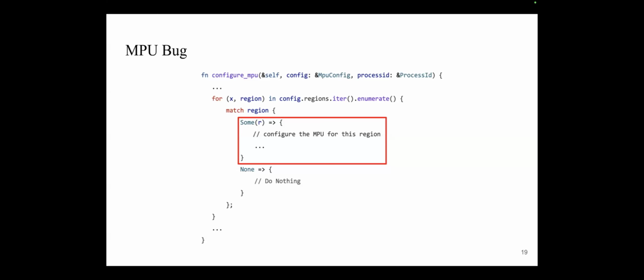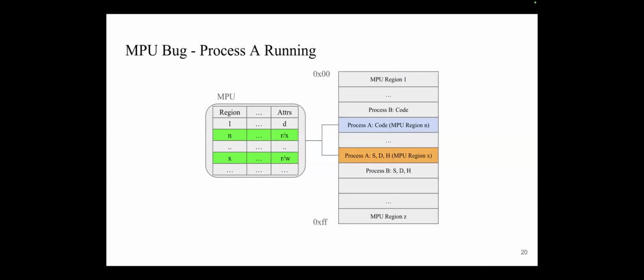Before I talk about what the bug is, I want to go through what the ideal scenario is. What is the actual behavior that we want from this function? Imagine I'm running some process, let's call it process A. I'd like the MPU to be configured so that I have read and execute access to the process code, and read-write access to the process stack data and heap.